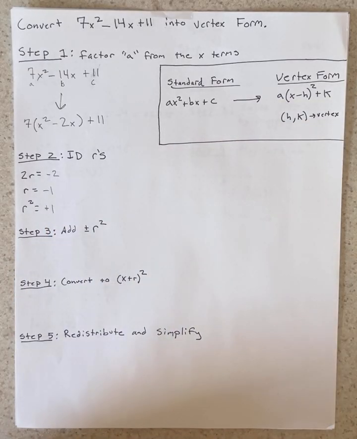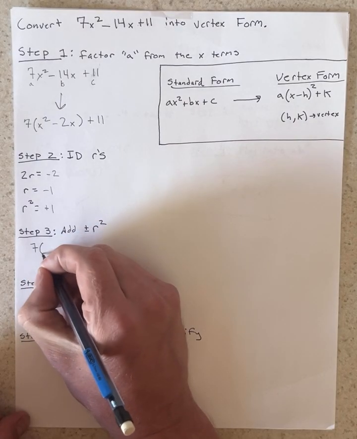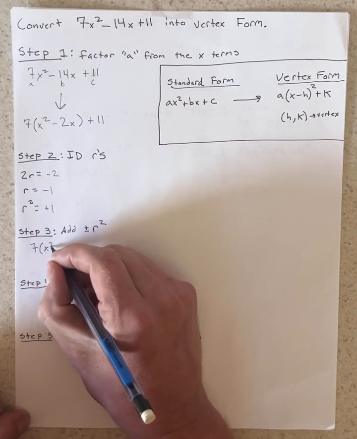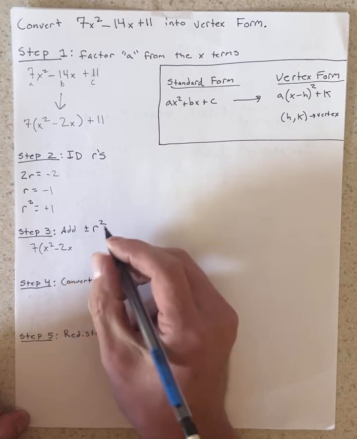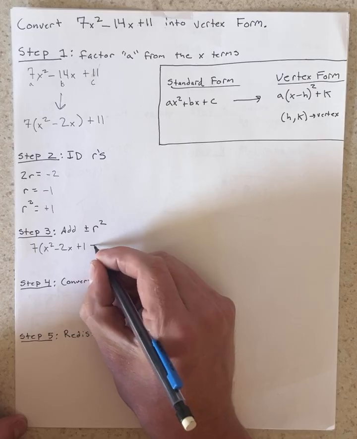Now that I have identified my r's, it's now time to add plus or minus r squared to the expression. And so I'm going to write out 7 parentheses x squared minus 2x plus 1, and I'm also going to do a minus 1.